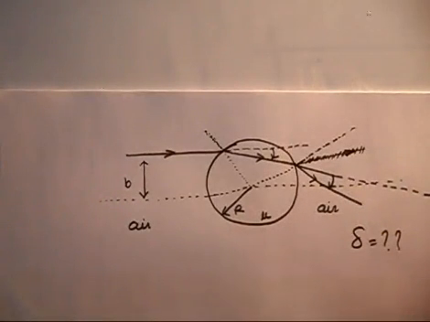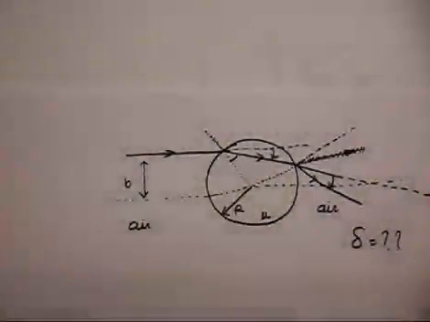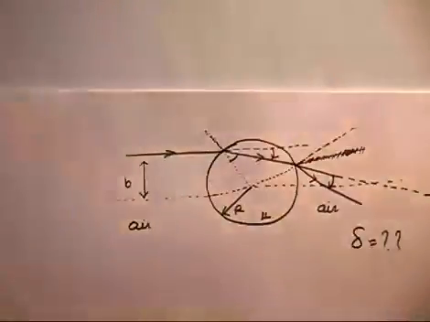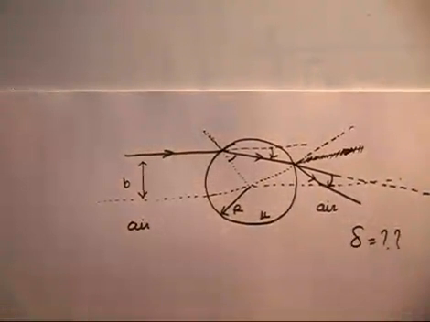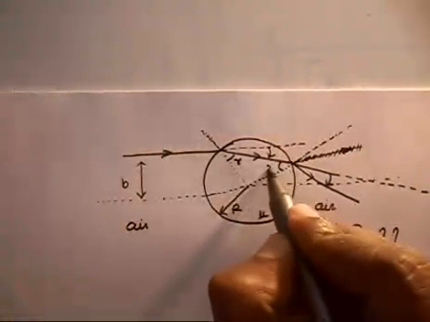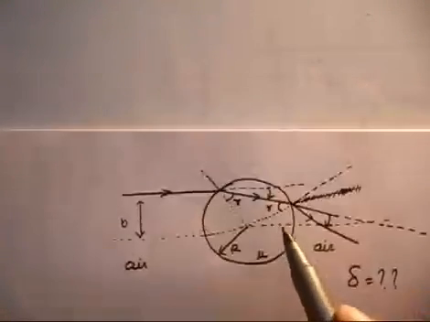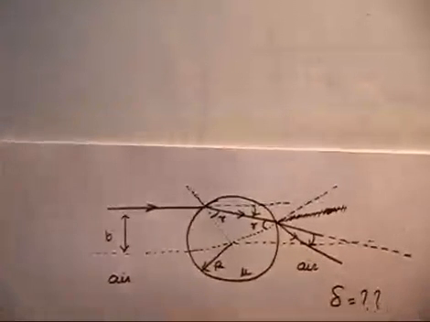Now let us discuss: let us say this angle is r. This angle has to be equal to r, because this is a radius and this is a radius. If the sides are equal, the angles on the base should be equal.